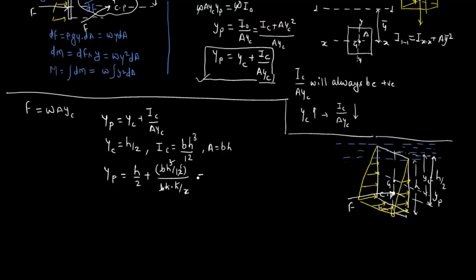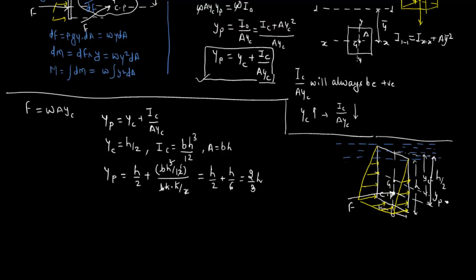By simplifying, this is h by 2 plus h by 6, and by simplifying this we can say this is 2/3 of h. Okay, so this is 2/3 of h, that is our yp.